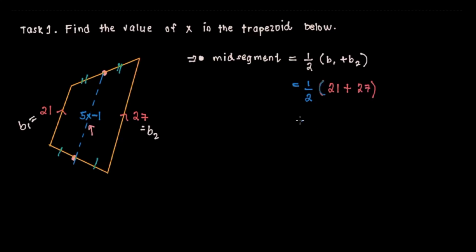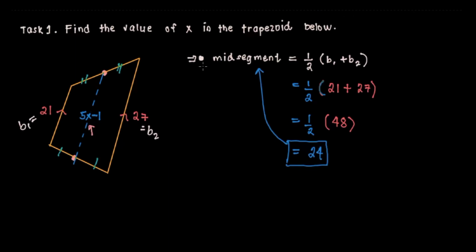Let us simplify the equation. So, 1/2 times 21 plus 27, we have 48, and the half of 48 is 24. Okay, that is our mid-segment, pero hindi pa tayo natatapos dyan dahil hindi pa natin nakukuha yung value ng x. Yan lang ay value ng mid-segment.